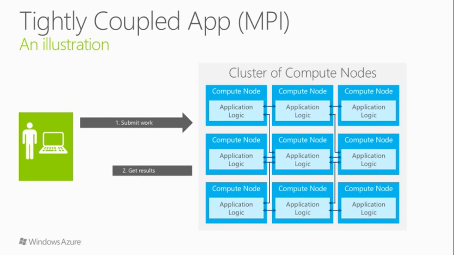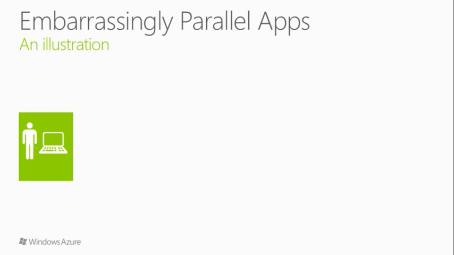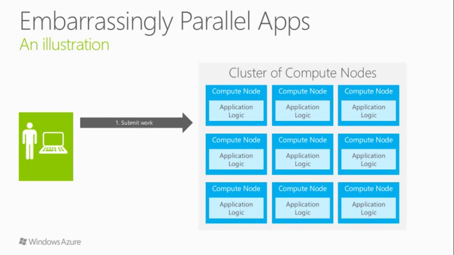The second scenario is embarrassingly parallel applications, which are essentially each of the compute units, or each unit of work, is independent of each other. And this is very much suitable for the cloud because cloud has hundreds of thousands or even millions of commodity machines that you can simply spin up and run applications.